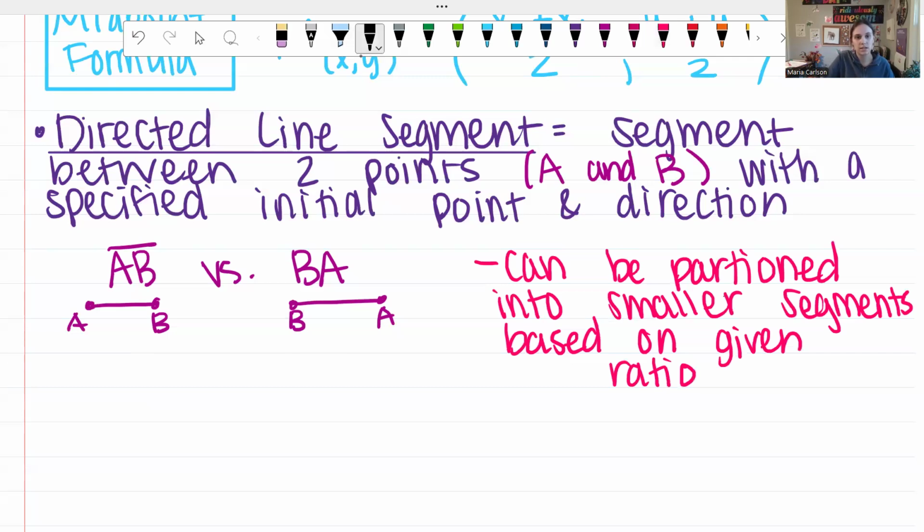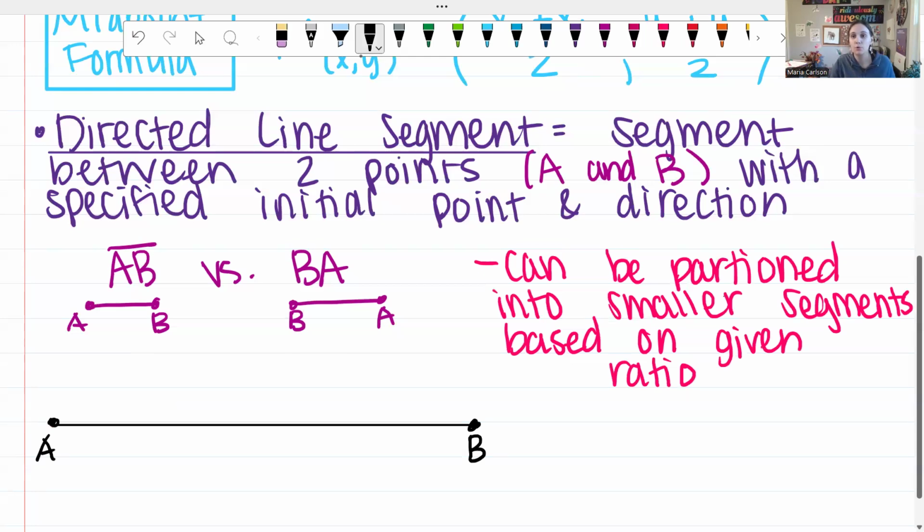So let's draw a giant AB here. This is my segment AB, and I am going to divide this up into 1, 2, 3, 4 parts. So I have the first piece, the second piece, the third piece, and the fourth.